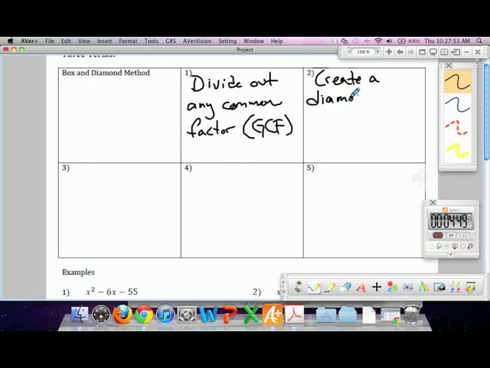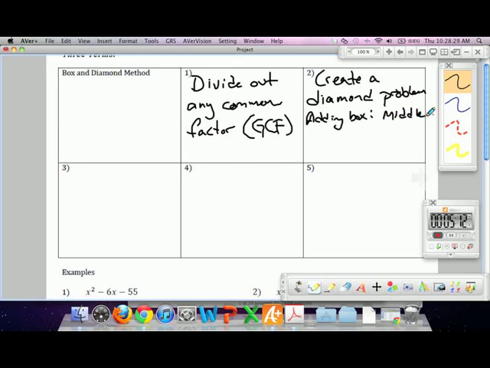In the adding box of our diamond problem, we're going to put what's called the linear term or the middle term of our trinomial. So the bottom box of our diamond will have the linear term or the middle term of our polynomial we're trying to factor.